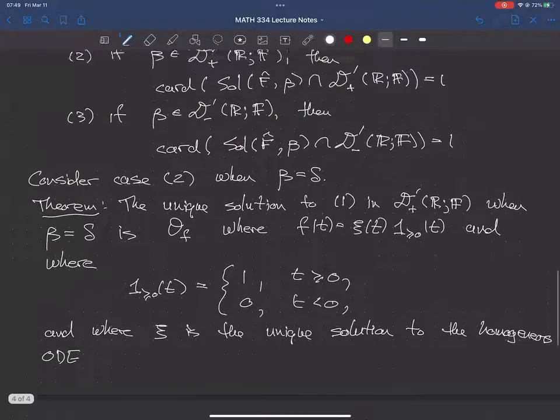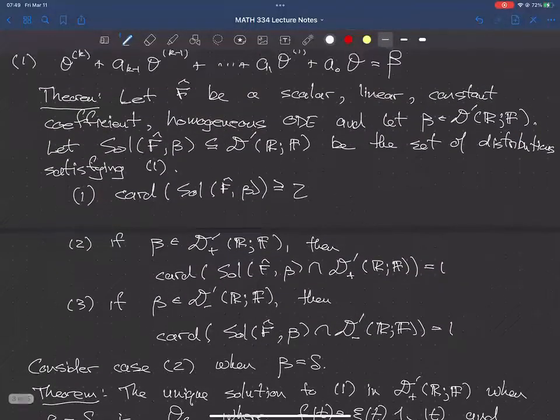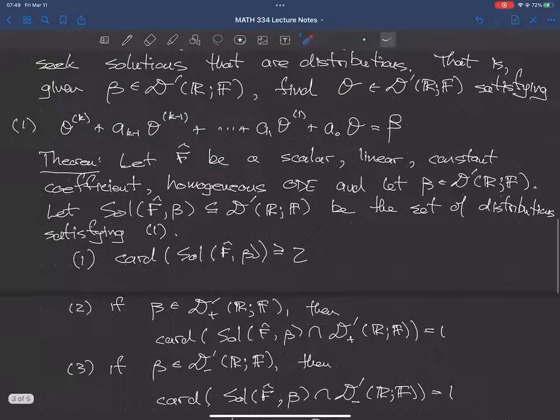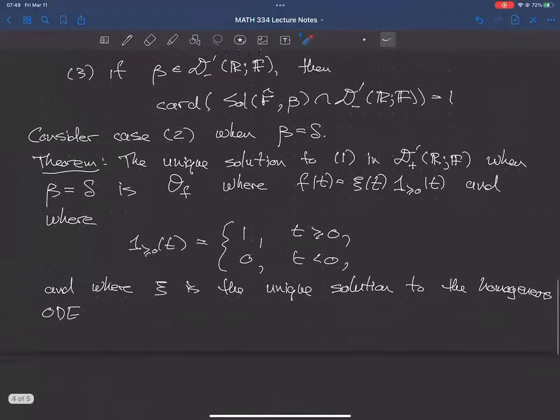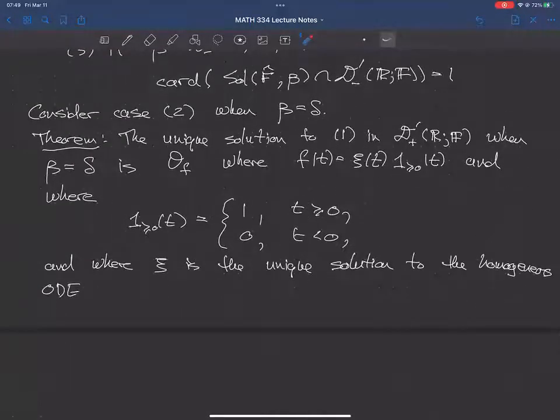Okay, so I have some homogeneous ODE prescribed by f hat here, given by these coefficients a here. So it's the unique solution to the homogeneous ODE corresponding to a very particular set of initial conditions.